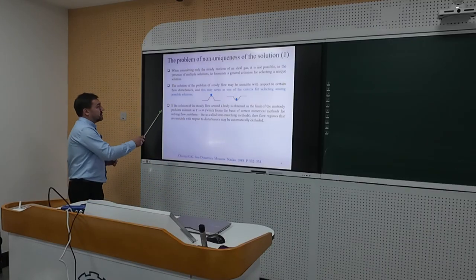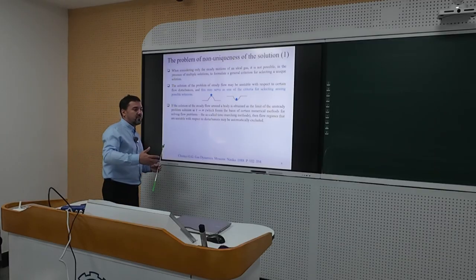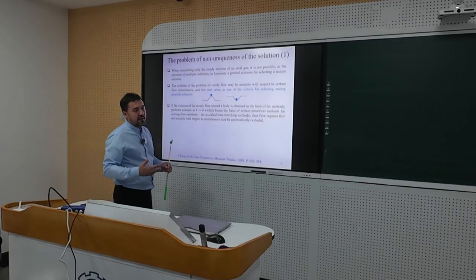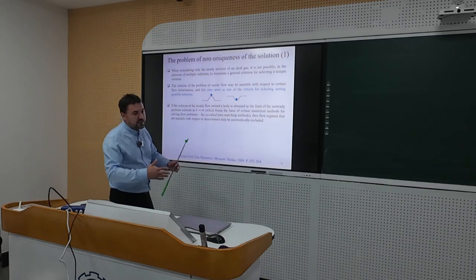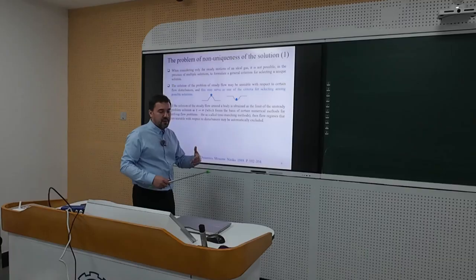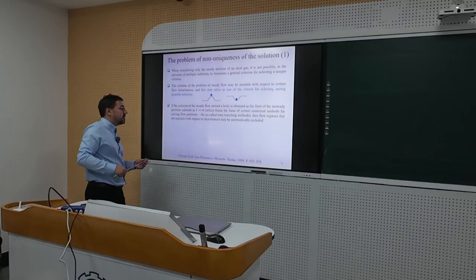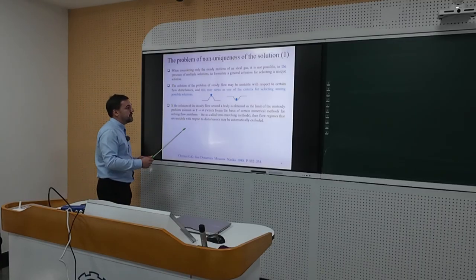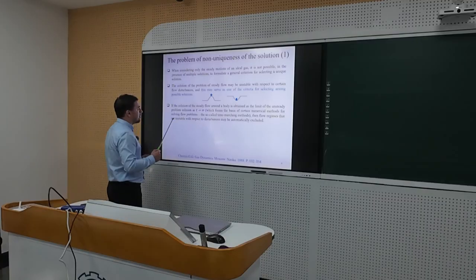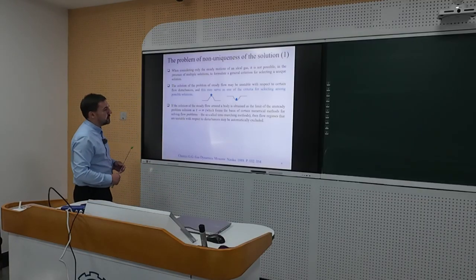Another idea: how can we get the stationary solution? We can start with some transient process and wait. If the configuration of the problem is such that you expect to get a stationary solution, you will get it after some period of time. So the solution of the steady flow around the body is obtained as the limit of the unsteady problem solution as t goes to infinity, which forms the basis of certain numerical methods.